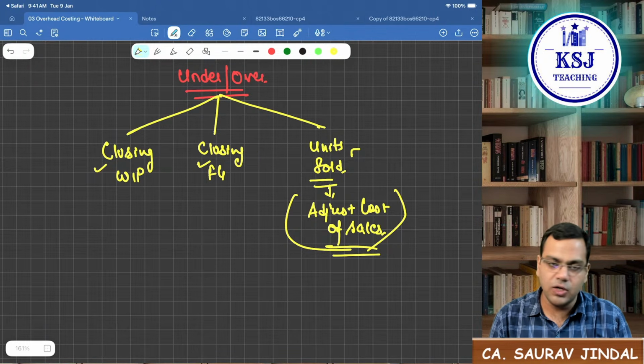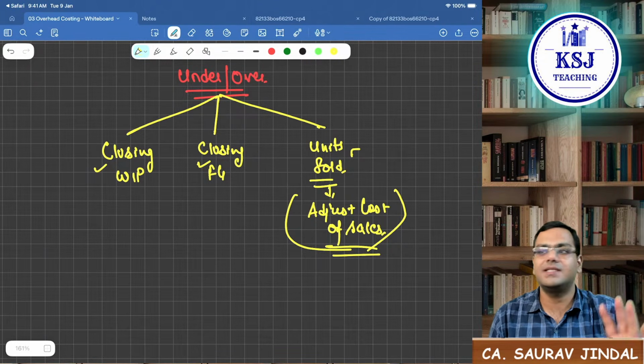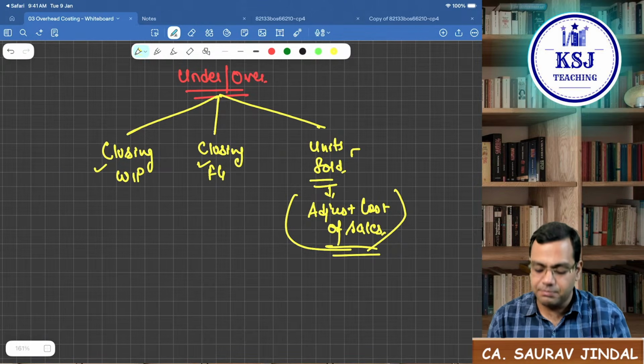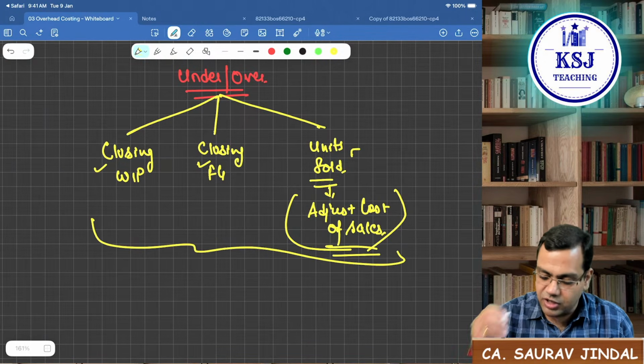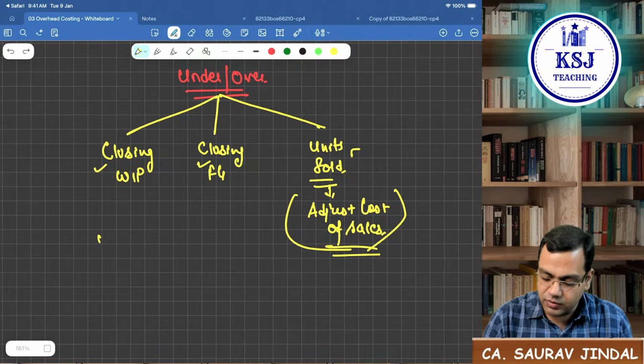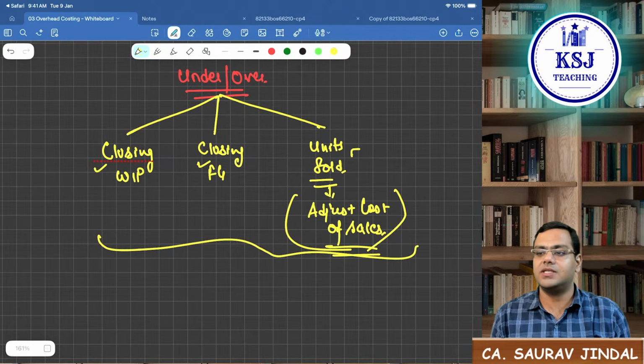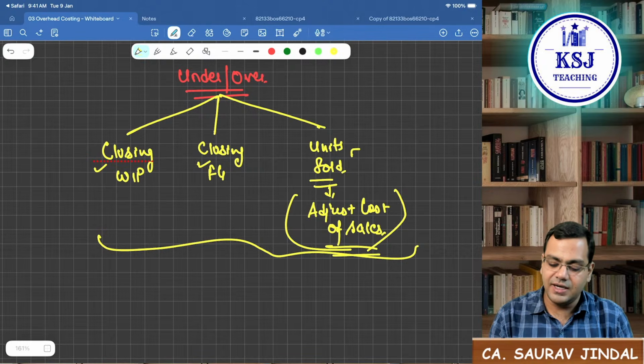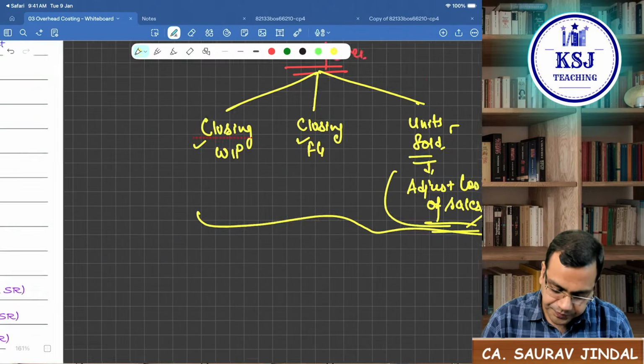For that, what do we do? We calculate a supplementary rate. The supplementary rate is the average rate per unit, based on which we can take it to the three inventories.